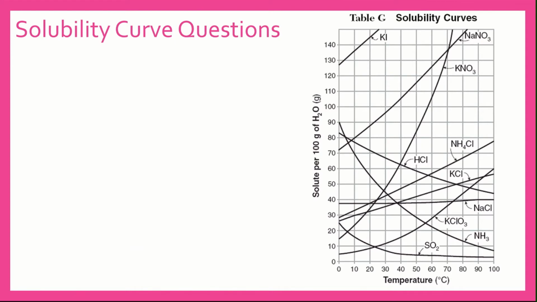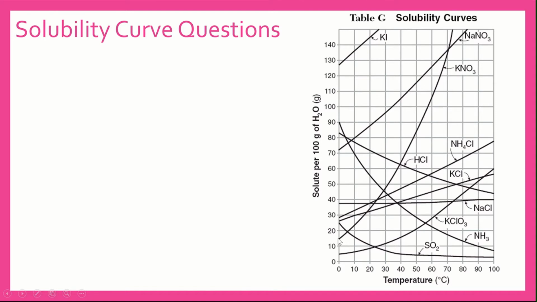All right, so that last solubility curve only had 2 lines on it, only potassium nitrate and sodium chloride. Most of the time, we're going to be looking at a more complex graph that has a lot of different salts on it, like the graph here on the right.